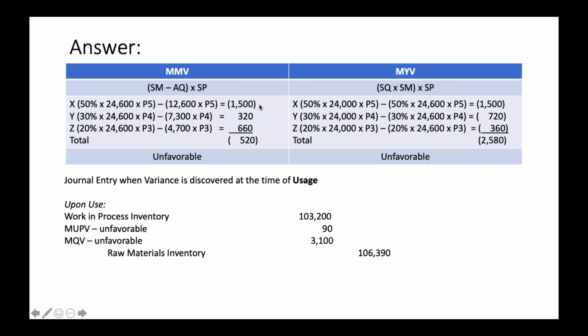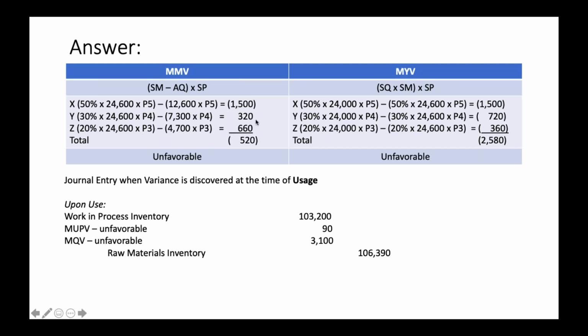For material X, we have a negative 1,500, meaning we consume more than the standard, because 50% of 24,600 is only 12,300, and yet we actually consume 12,600. So we consume more than the standard. So that's unfavorable of 1,500 pesos.